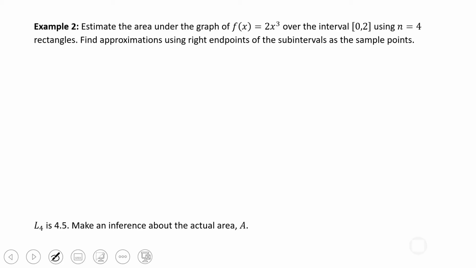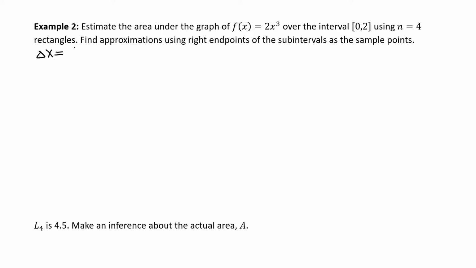Example: estimate the area under the graph of f of x equals 2x cubed over the interval 0 to 2 using n equals 4 rectangles. Find approximations using right endpoints of the sub-intervals as the sample points. Let's first find the width, which would be the delta x.